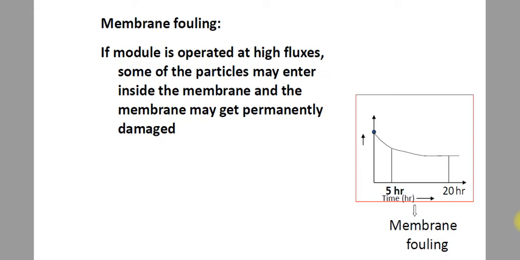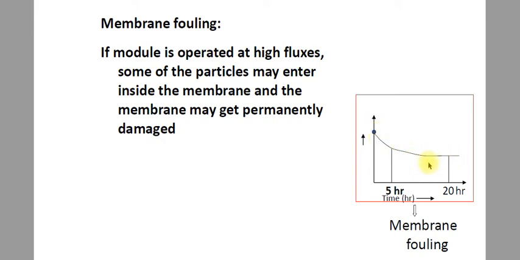Fouling is a one-directional phenomenon. Once the membrane is fouled, it cannot be regenerated easily. The performance of the membrane will reduce permanently. When you start to use an ultrafiltration system, you will find that with time the value of flux will reduce, then it will become constant.